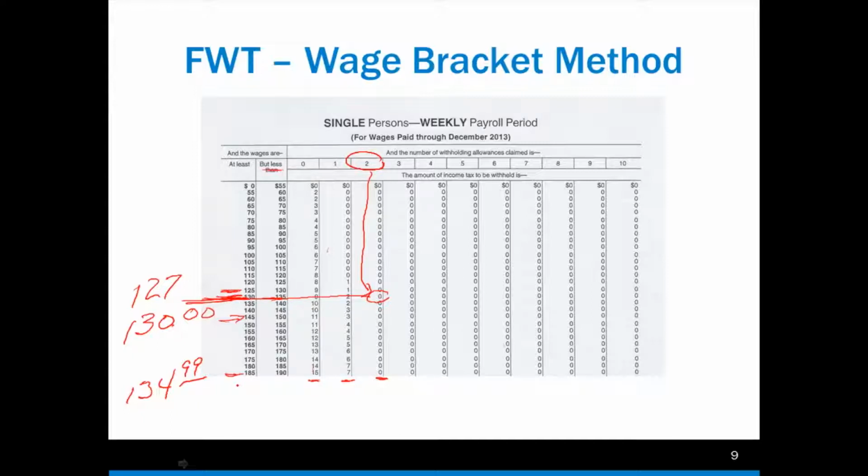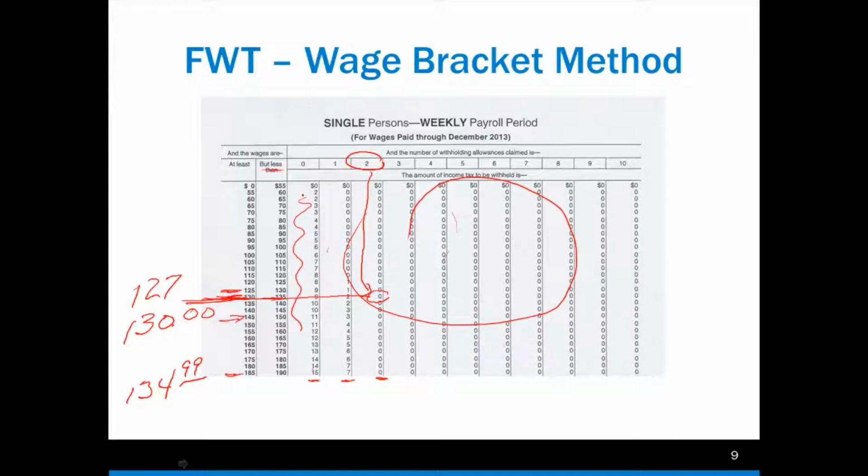I just cropped off the very first part at the top to explain how the form works. So if you get a Circular E, you can check it out yourself and do the cross references of the amounts. Just as an FYI, you see a lot of zeros here, and here are just some numbers.